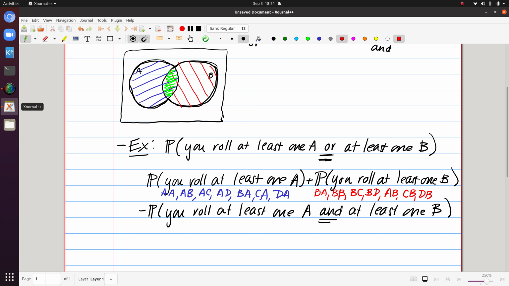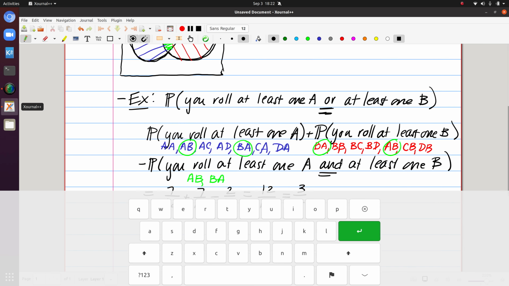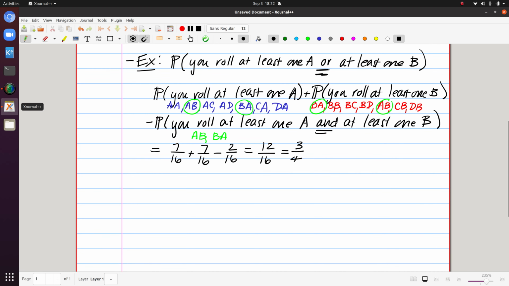So right now that's 14 outcomes. And then we have to subtract the overlap. And the overlap, I'll point out, is AB and BA. And if you're listing out the outcomes, we can see the overlap because these are the only two things that I listed in both blue and red. So consequently, the result would be 7/16 plus 7/16 minus 2/16. And sure enough, we get the same answer we ended up with in the previous example. So that's just a demonstration of that rule.